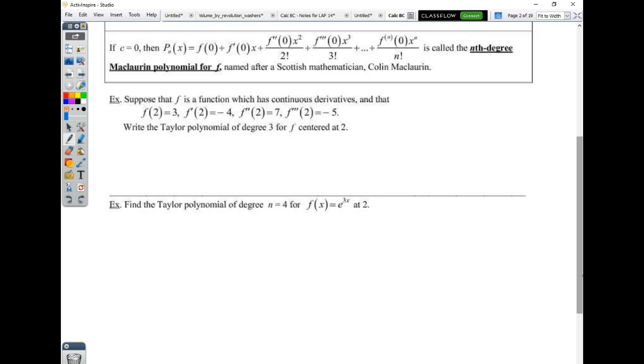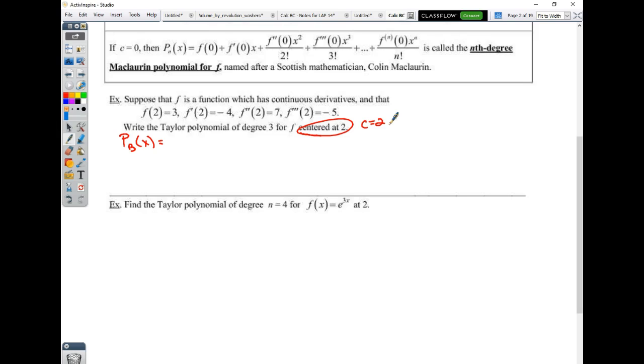Okay. So in a very basic sense, when they ask me to create a Taylor polynomial, I'd want to realize this is a 3rd degree Taylor polynomial, so I've got p sub 3 of x. I'm centered at 2, so c is equal to 2.